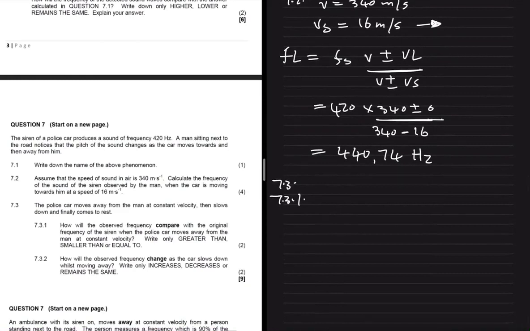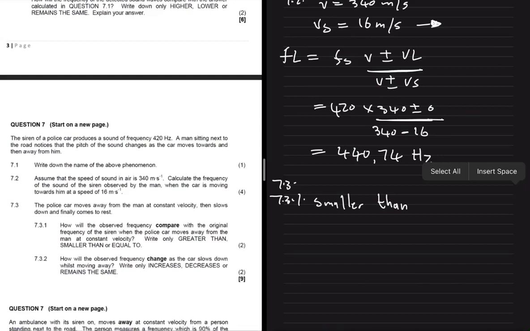When it's moving away, the observed frequency is going to be smaller than the original frequency, because in the denominator we're going to have a positive sign.